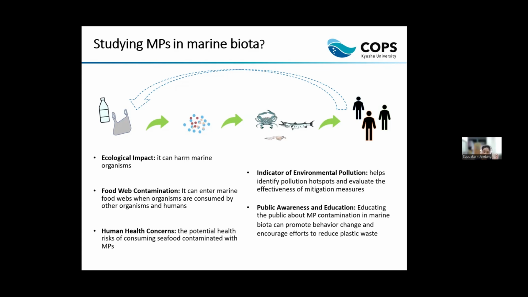Some of the species, for example the polychaete, can be a bioindicator, especially when an area has high pollution or high hotspots of this kind of pollutant. So they can be a bioindicator of those areas as well.